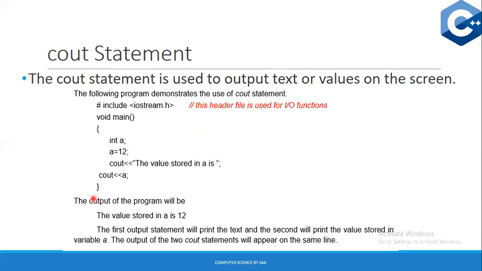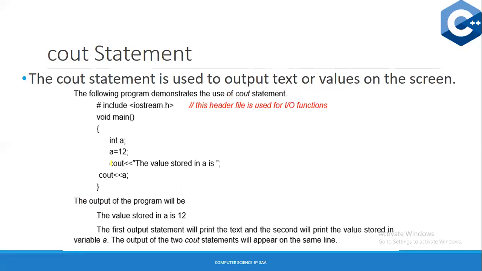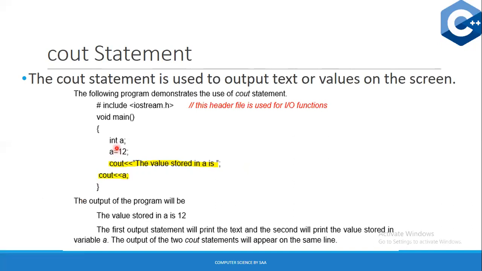For example, here, if you can see, we have used a statement cout, the value stored in A is, and here we have written cout A. So what will happen when this program is executed?